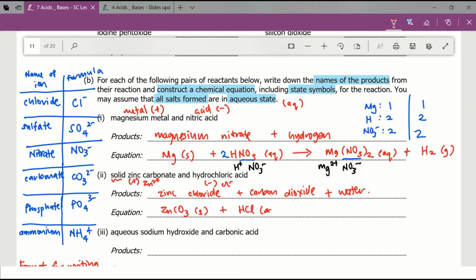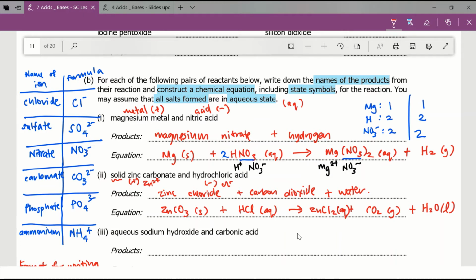All acids have aqueous as state symbol, and we get zinc chloride. Zinc is Zn2 plus and chloride is Cl minus, so we should be getting ZnCl2. Carbon dioxide is CO2 gas and water H2O liquid. So zinc chloride state symbol is aqueous.